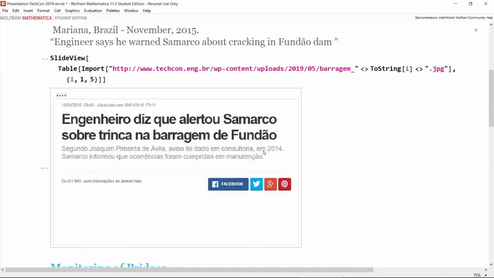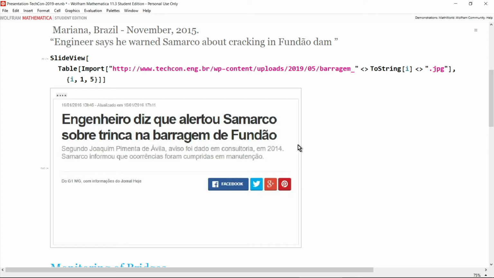And here is a note that says, engineer says he warned Samarco, the owner of this dam, about cracking in Fundão Dam. So before the disaster happened, an engineer warned that there were some cracks and nothing was done.